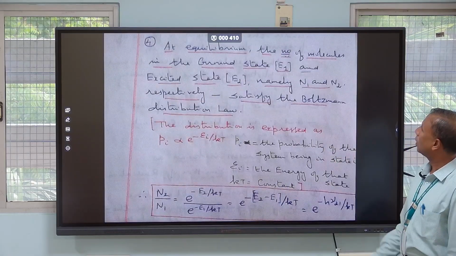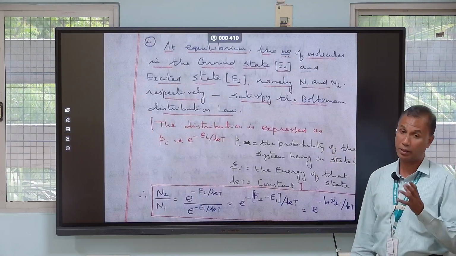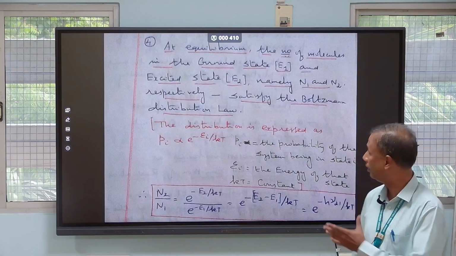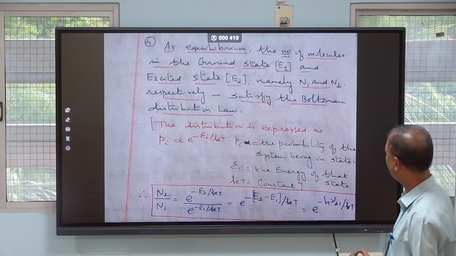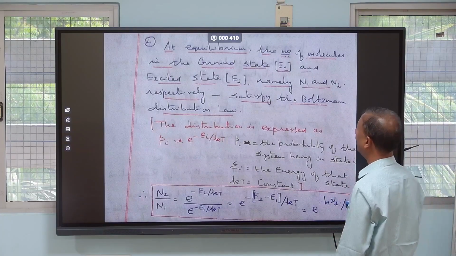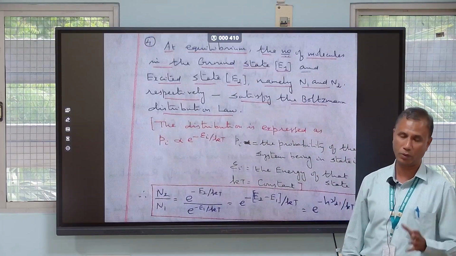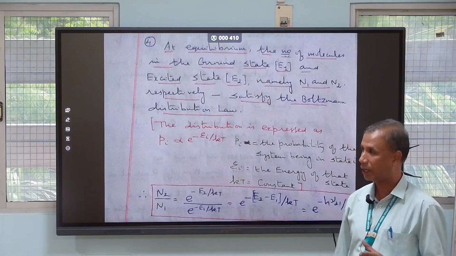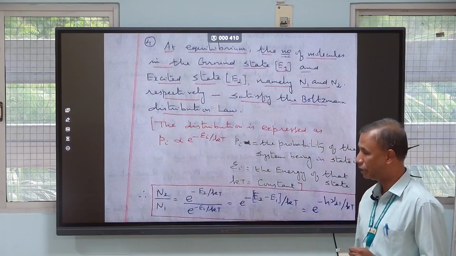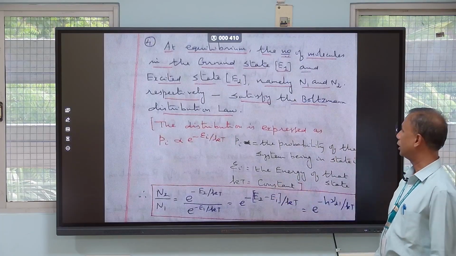At equilibrium, the number of molecules in the ground state and the excited state, namely N1 and N2, satisfy the Boltzmann distribution law. When you talk about equilibrium condition, it should satisfy the distribution law. So, what is the distribution law?